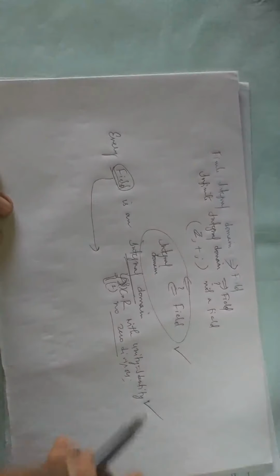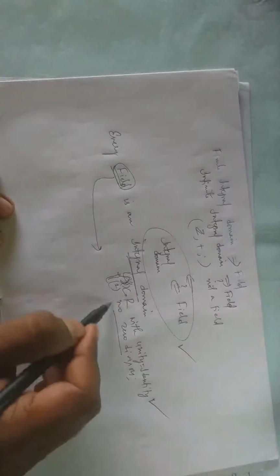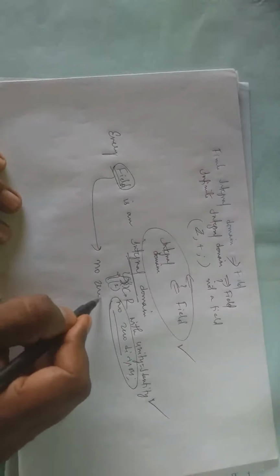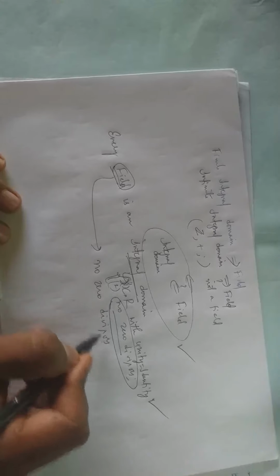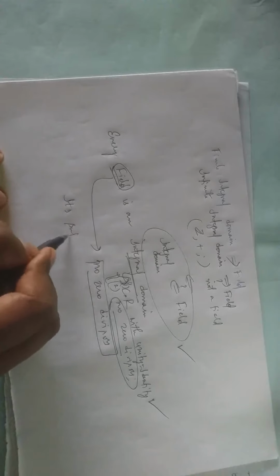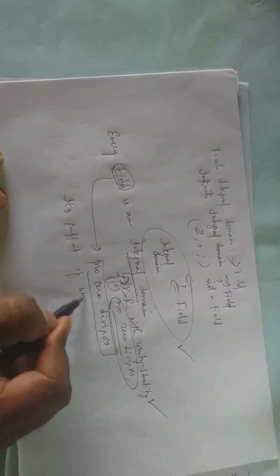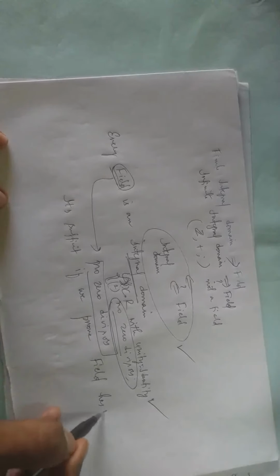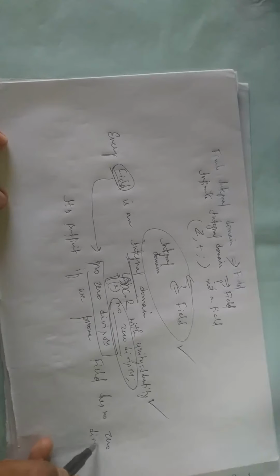But what is a field? A field is already a commutative ring with unity. That means the first demand is already proved. What is the second claim? I should show that it has no zero divisors. That is the fact that we want to concentrate on. That is, it's sufficient if we prove a field has no zero divisors. But how to show that it doesn't have any zero divisors?